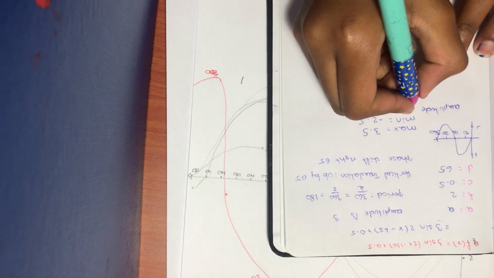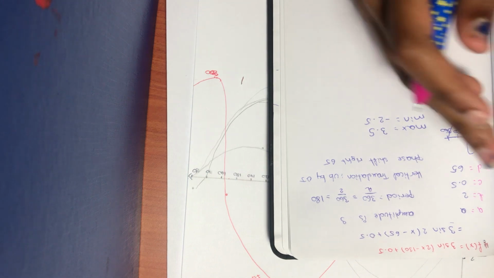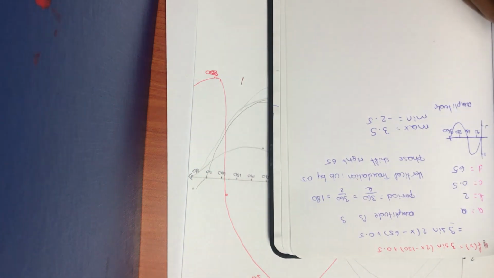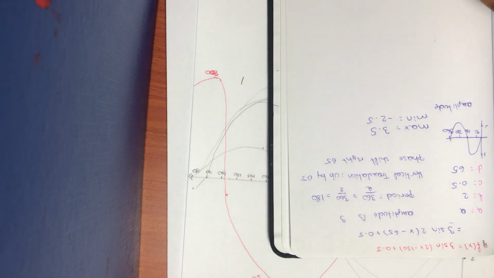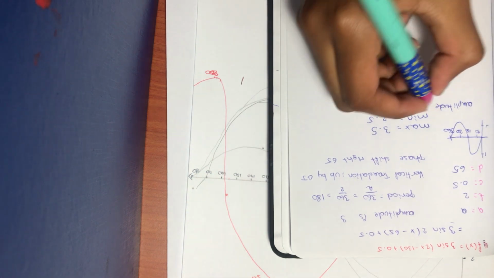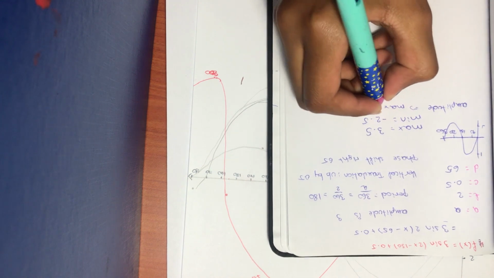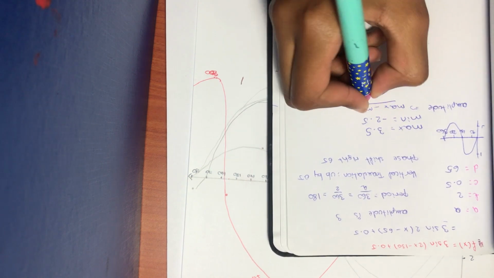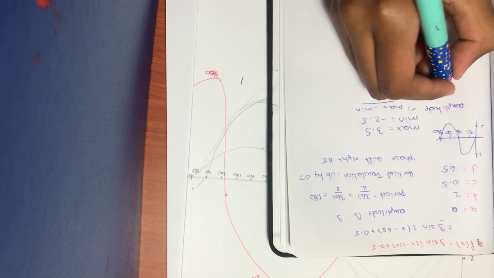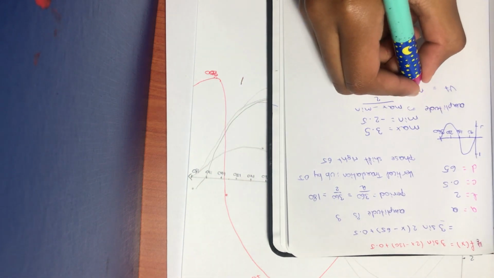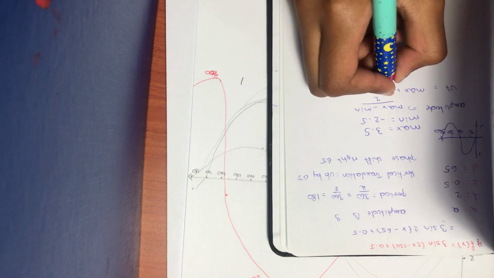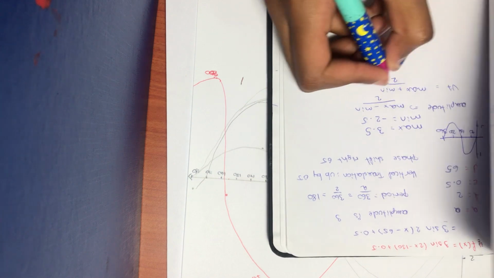So my amplitude is max minus min divided by 2. My vertical translation is max plus min divided by 2.